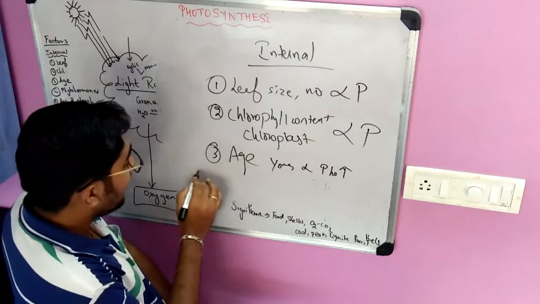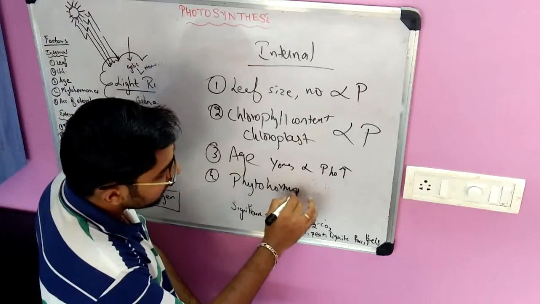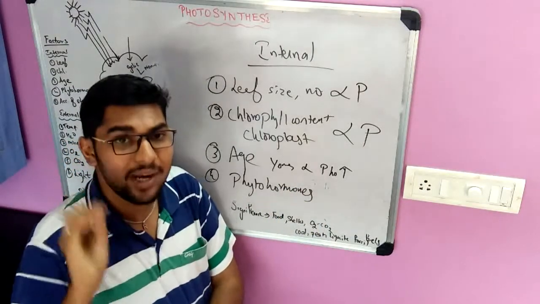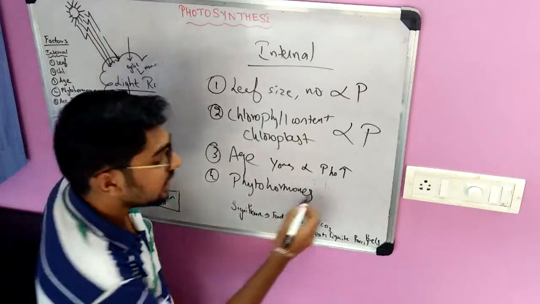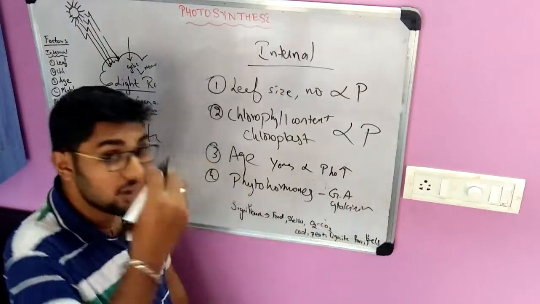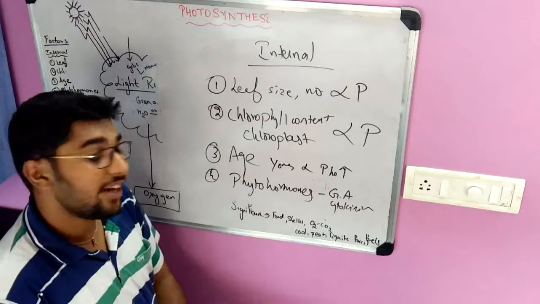Next we have phytohormones. Phytohormones are chemical, organic substances produced in very minor quantities in plants for the benefit of the plants. Phytohormones such as gibberellic acid and cytokinins promote photosynthesis. They increase the rate of photosynthesis.